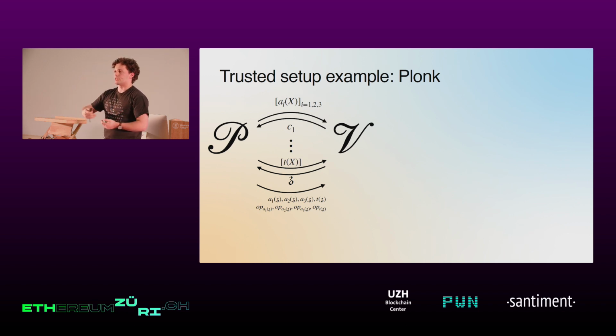The prover is supposed to send that to the verifier, and then the verifier and the prover interact with some challenges, and in the end, the prover sends this quotient polynomial t, at which point the verifier sends an evaluation challenge, called z, and the prover responds with the evaluations of all the polynomials together with opening proofs. You should think about these commitments as KZG commitments, and these openings are the openings in the KZG commitment scheme.